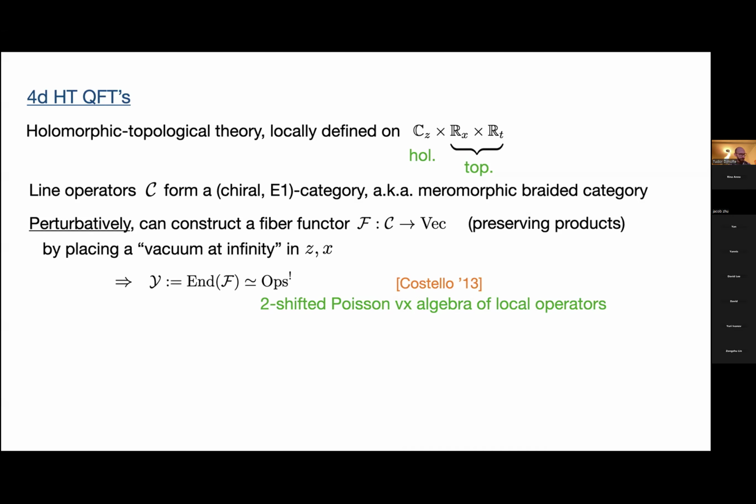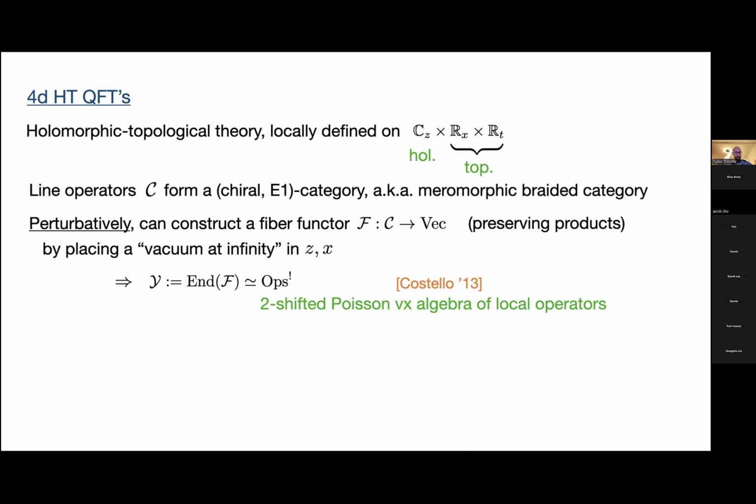If you take your 4D holomorphic theory and compactify on C star, in other words, take the holomorphic direction not to be C but to be C star, then it looks exactly like a 3D fully topological theory with loops in the field space. It's still holomorphic Chern-Simons on C star times R2.